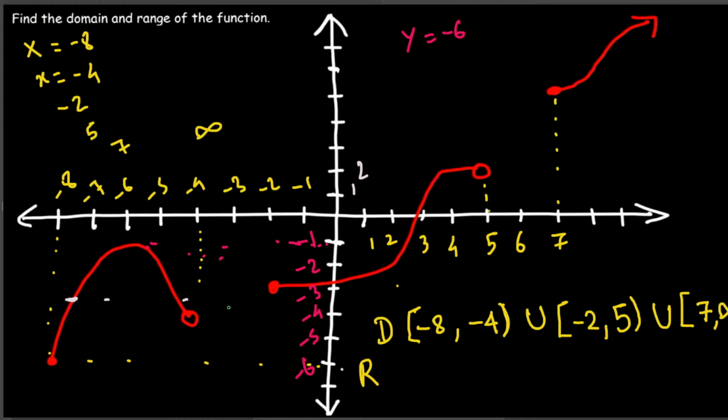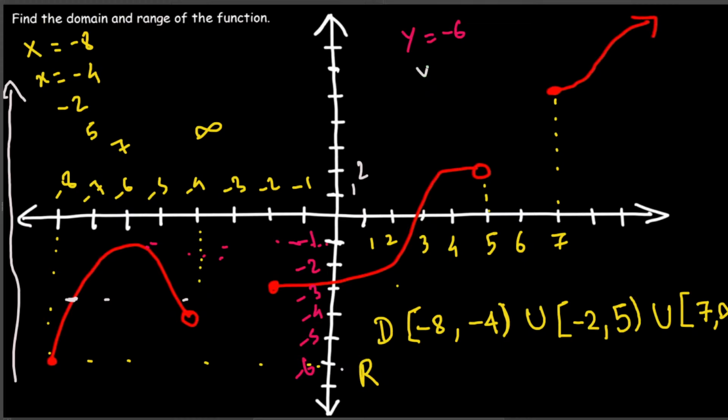Even though it is breaking at this point, if you look at the y-axis, there's no breaking. On the y-axis you have to look like this from here to here. Do you have any place with no y value? There's no such place. At -6 we have this, -5 we have this, -4 we have this, and -3 we have this, -2 we have this, -1 we have this, and 0 we have this one, 1 we have this one, and 2 is the one that's ending.